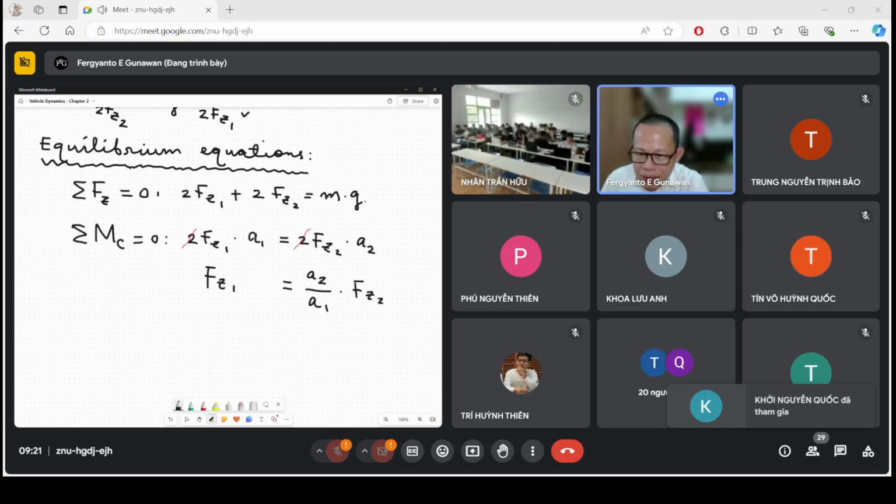So let's call this equation number 1, and the other one equation number 2.